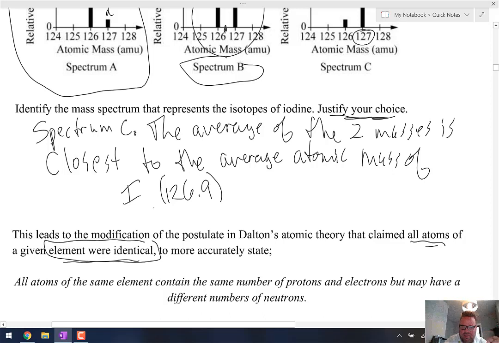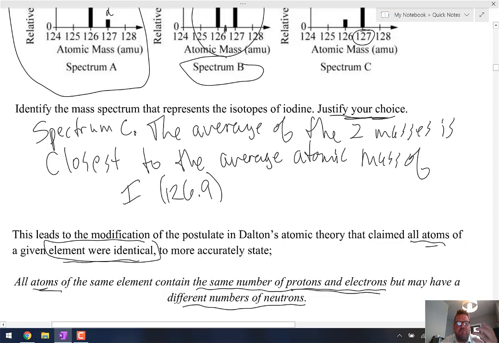We know that, okay? What we do know is that atoms, and remember, we're talking about protons and electrons here, we're not talking about ions, we're talking about neutral atoms, all atoms of the same element do contain the same number of protons and electrons. That's true. If you change the protons, you change the element. But because we now know about isotopes, isotopes have a different number of neutrons.